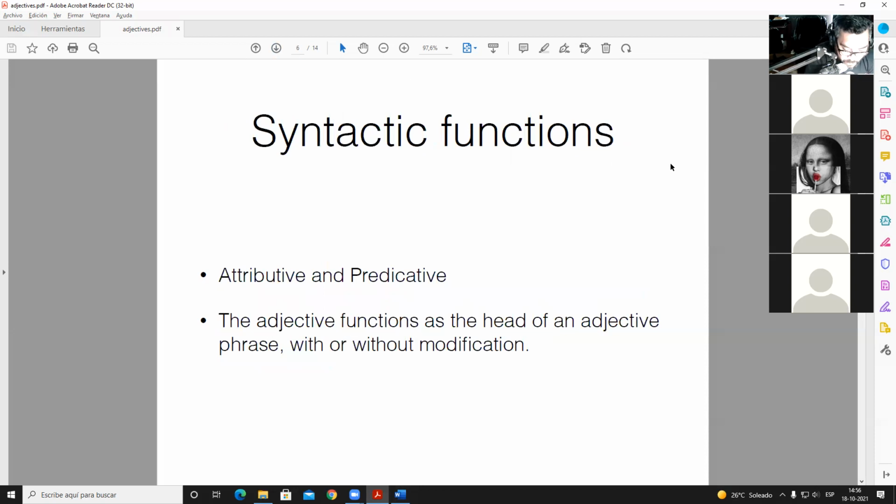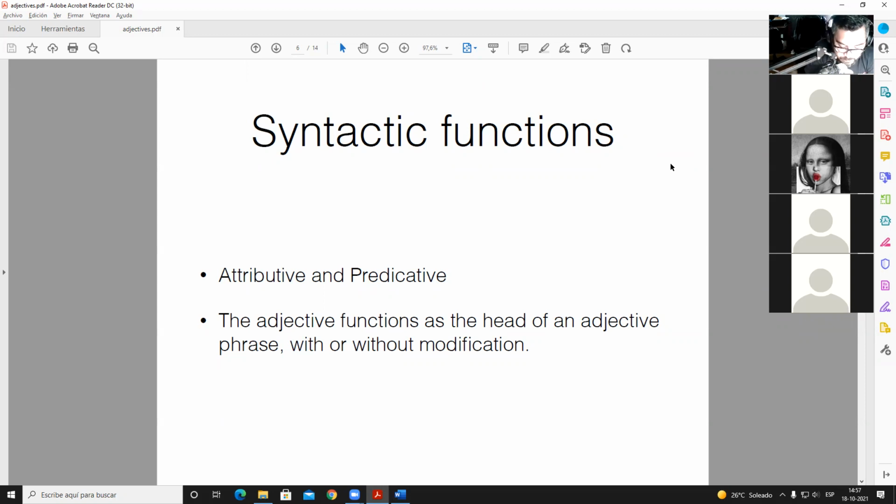Syntactic functions. So we know how to classify adjectives, but the thing is, how do they work inside of a clause or inside of a phrase? Here comes the idea of attributive and predicative, and I won't say much about that, right? So the adjective functions as the head of an adjective phrase with or without modification. Once you have an adjective, you can have all the different forms.